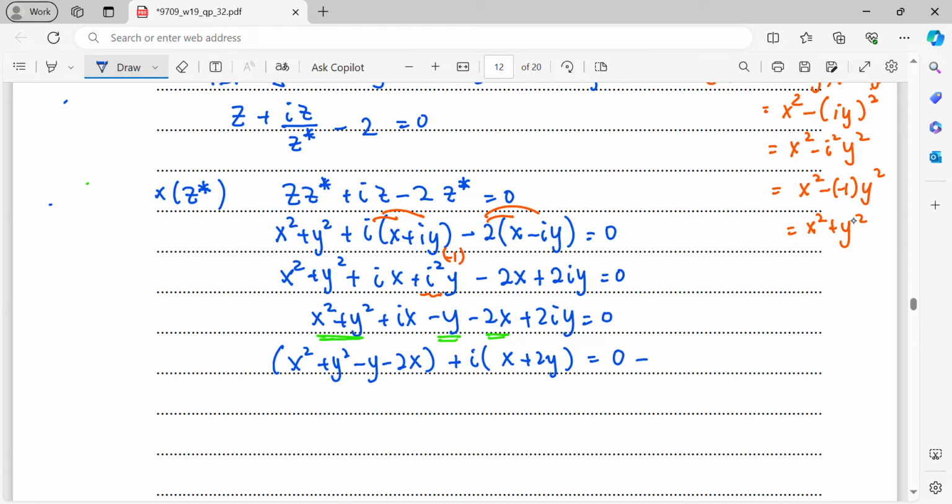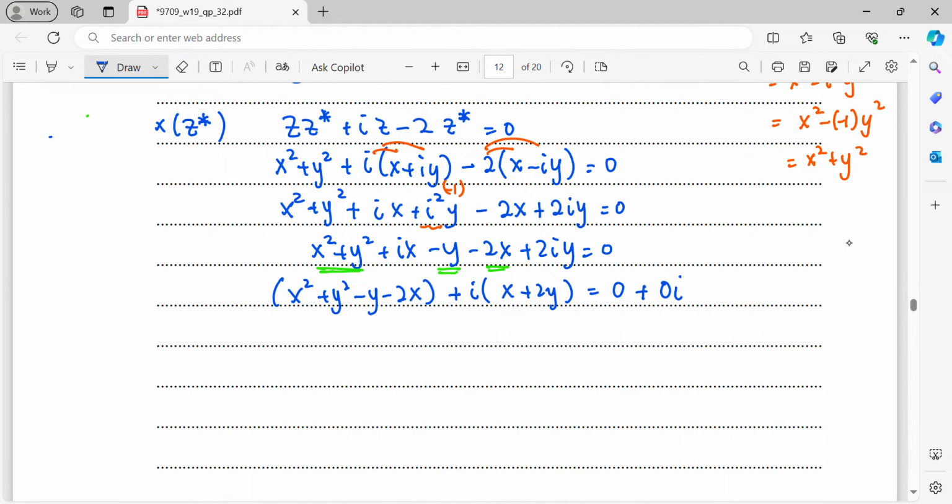This 0 is basically 0 plus 0i. Now you can compare the real and imaginary parts. So I will get x squared plus y squared minus y minus 2x equals to 0. Let this be the first equation. And when I compare the imaginary part, x plus 2y equals to 0.